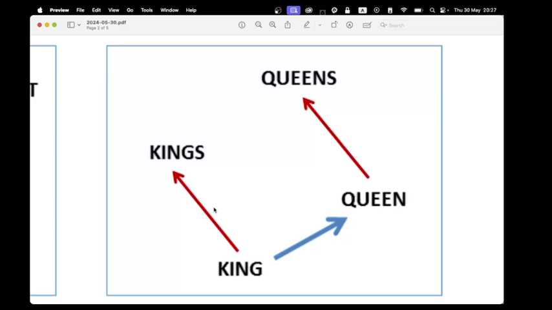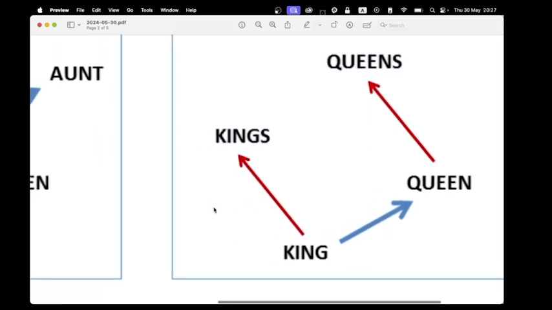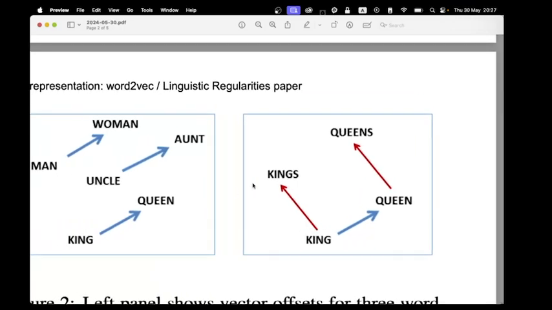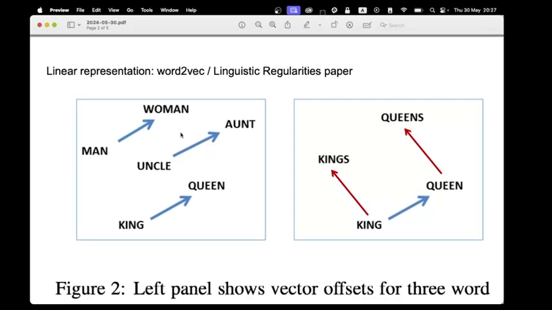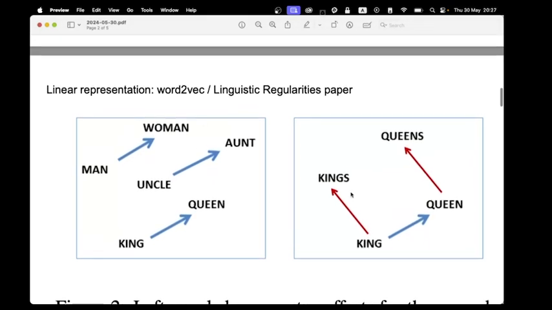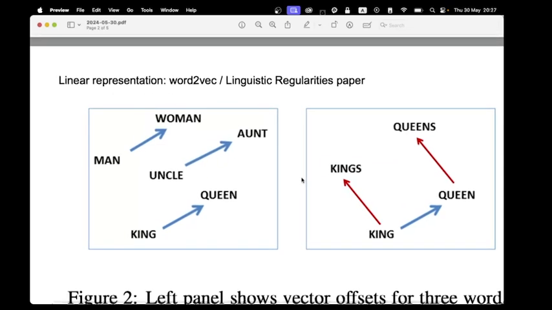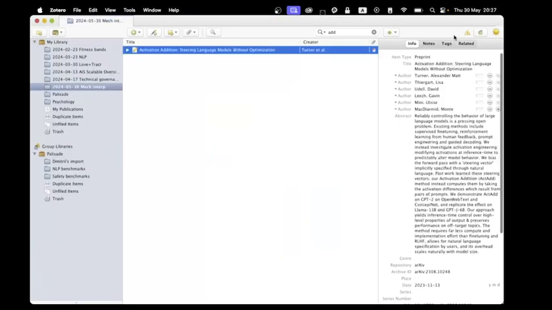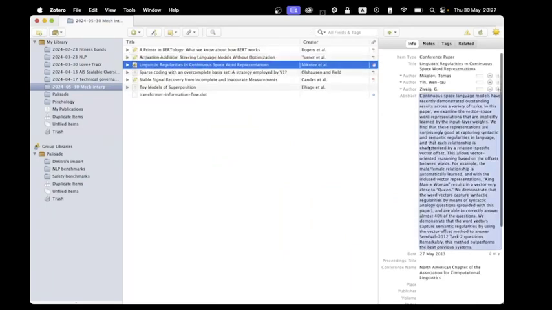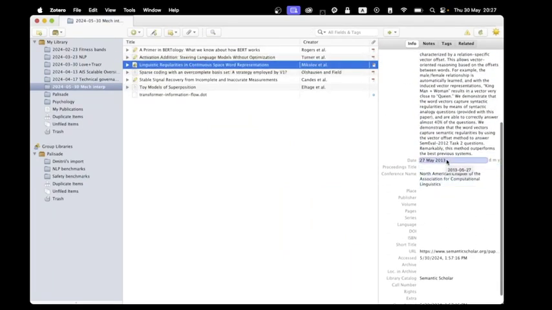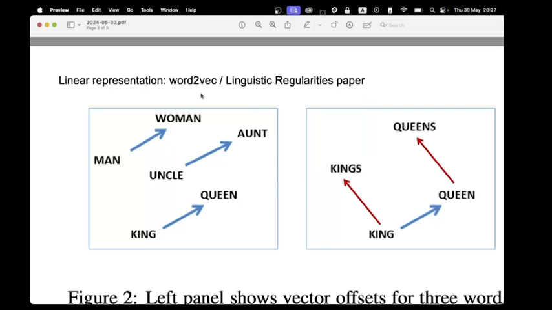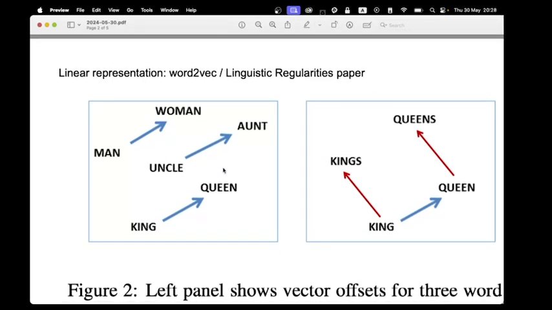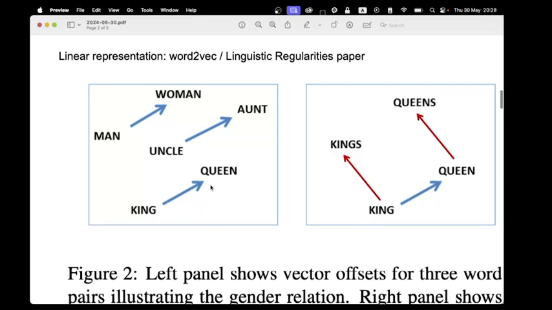And this is extremely not obvious, I think, that this property holds. But it does in simple natural language embeddings. This work is 2013. All right, word2vec is old. Very cool semantic properties.